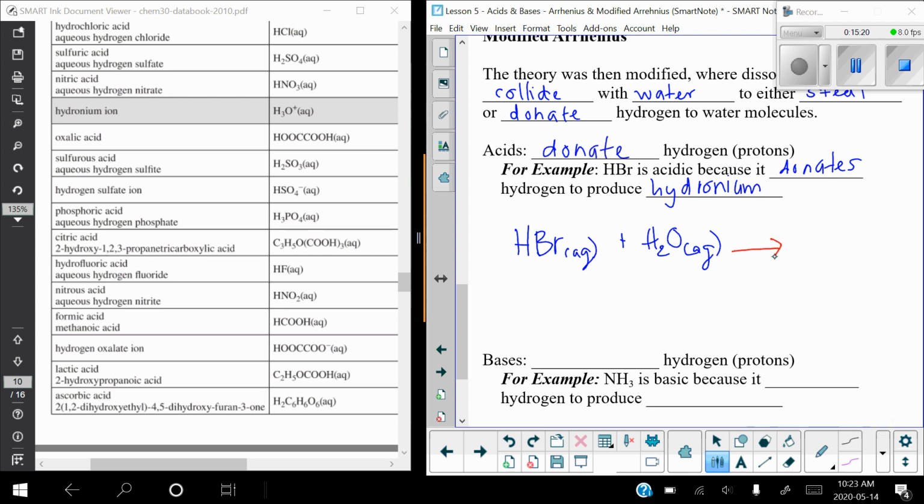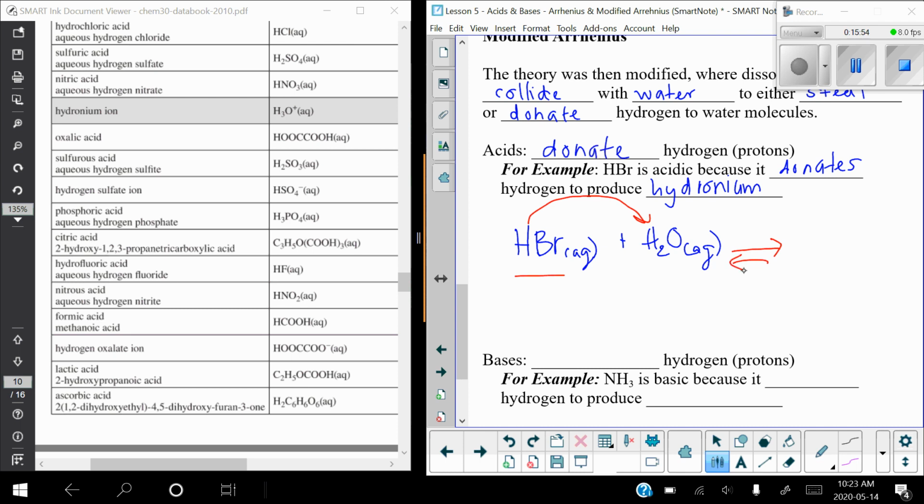Because it's an acid, you're going to look at your species here. It can do one of two things. It can either gain another hydrogen or it can give. You can only gain in certain circumstances. Right now, remember back to bonding, HBr cannot accept another one. It's bonded out. It can only have one bond. So what happens when it collides is that hydrogen is going to go over and react with water.